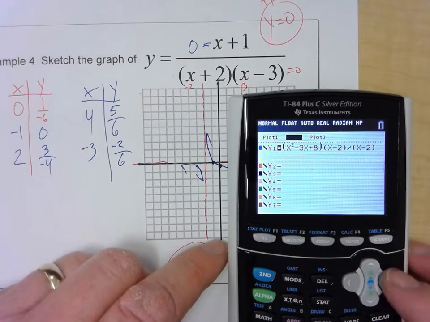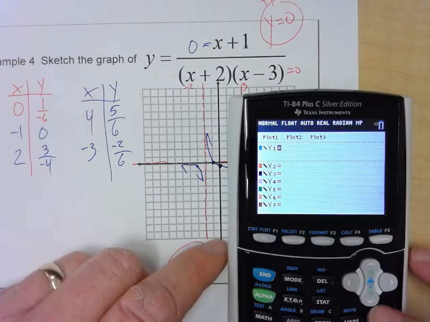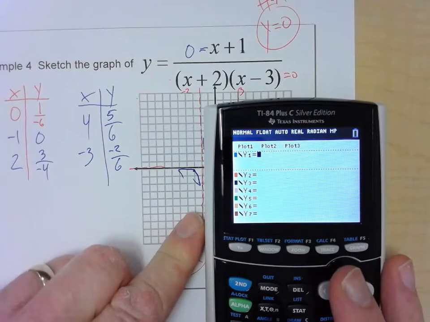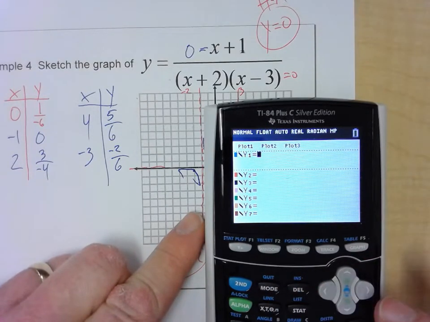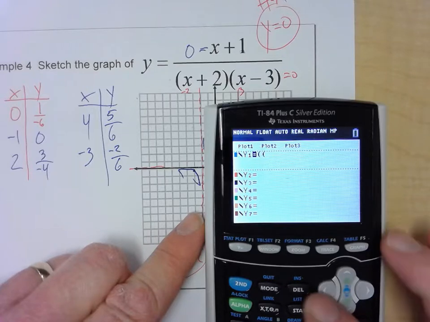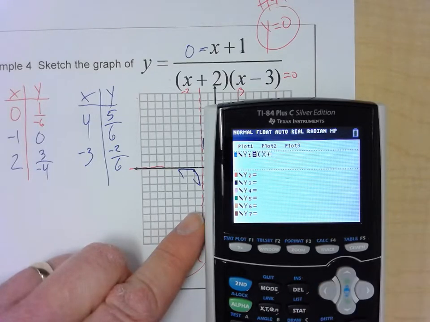Okay, turn the plot off. I don't need that point anymore. Clear this out. So the equation is x plus 1 divided by, now I'm going to put in extra parentheses, x plus 2 parentheses, parentheses, x minus 3 parentheses.